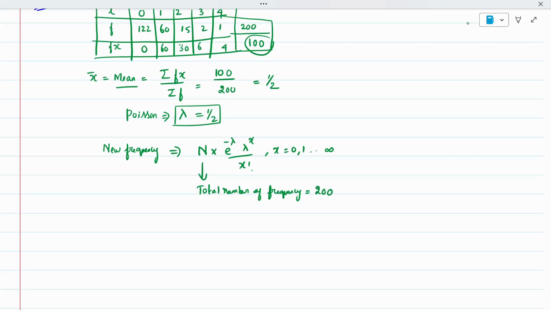Okay. So now lambda calculated is nothing but 0.5. So substitute everything. So 200 into e to the power minus 0.5, 0.5 the whole power x divided by x factorial, where x equal to 0, 1, 2, etc. till infinity. Now for x equal to 0, 1, up to 4 we need to calculate. In the table you will get the new frequency.